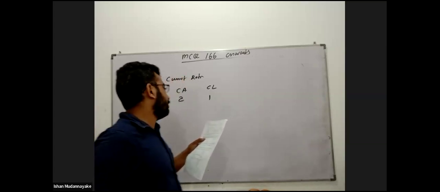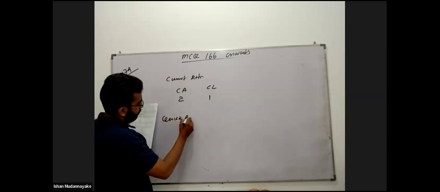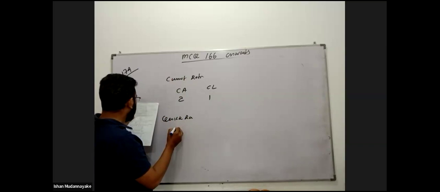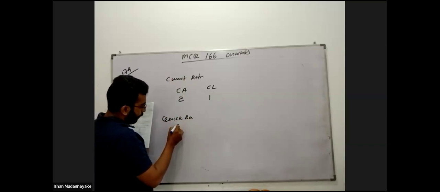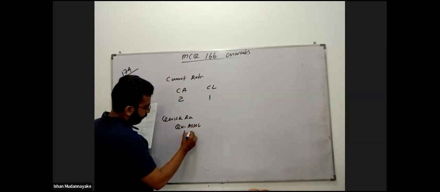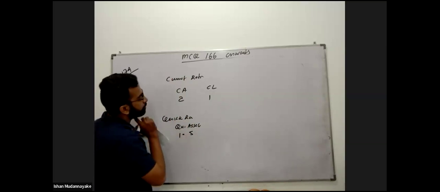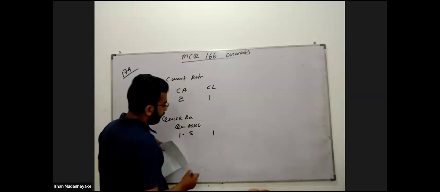Quick ratio 1.5 times. It means if quick assets are 1.5 times, current liability is 1.